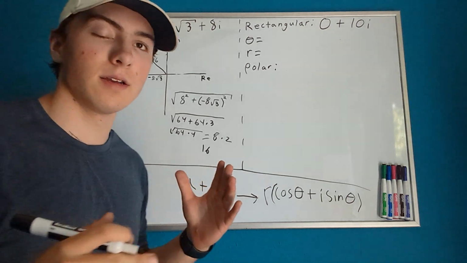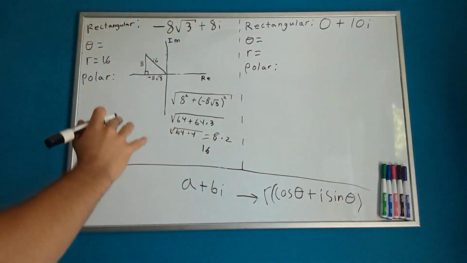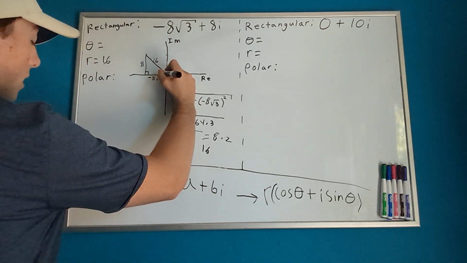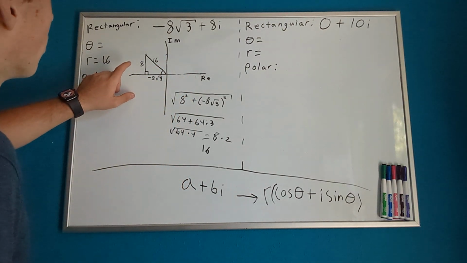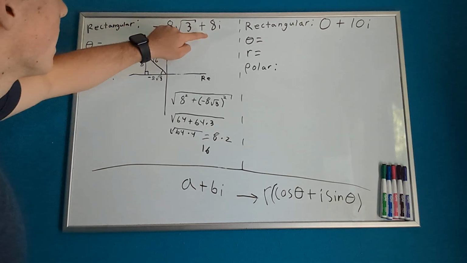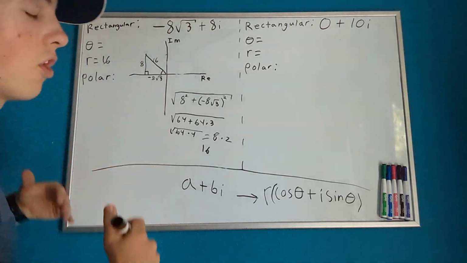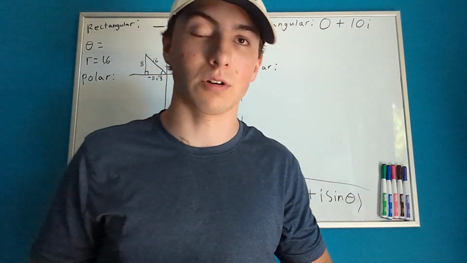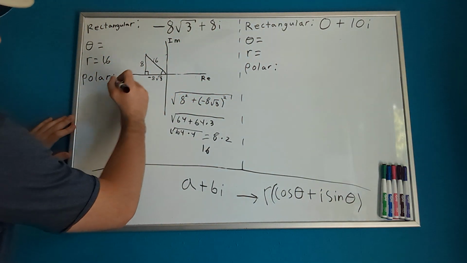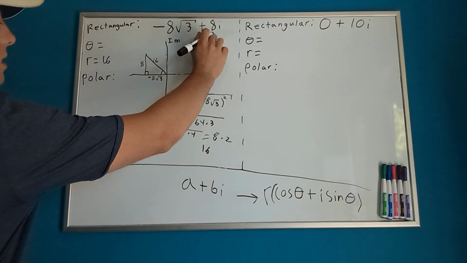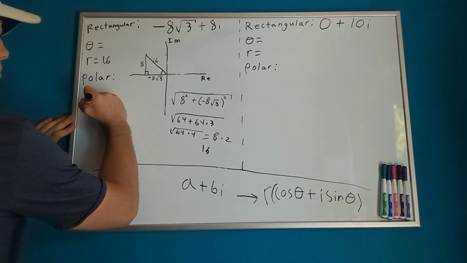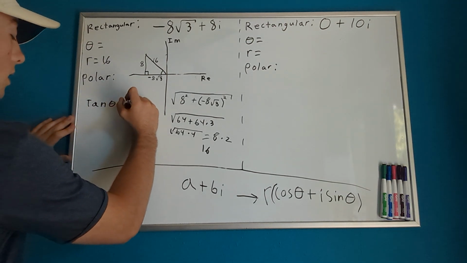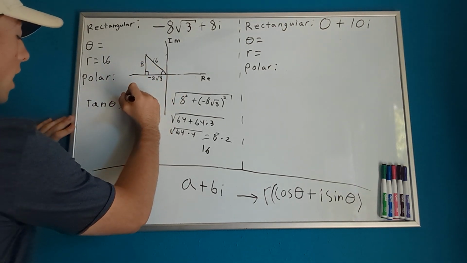We're already halfway there. Then we can use some trigonometric functions to find out what our theta is going to be. How should we do that? Well, we should take these two here. We know this is along the x-axis, and along the x-axis is cosine. If you don't know this, you should probably review your unit circle. So if we know this is cosine, and this is sine, we know tan of theta equals opposite over adjacent, or sine over cosine.